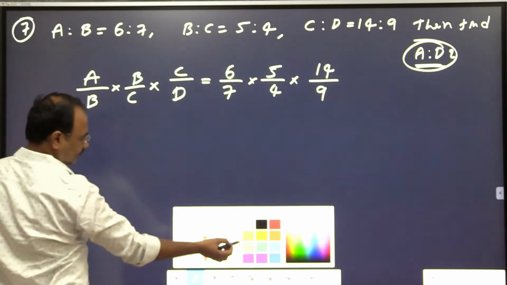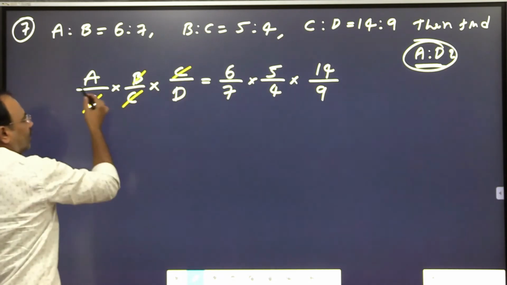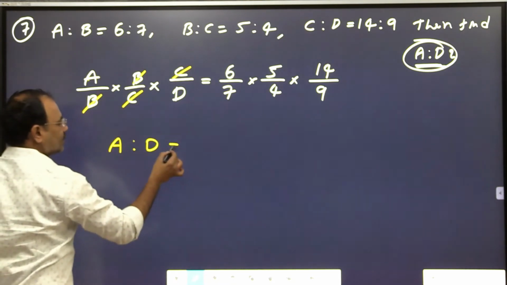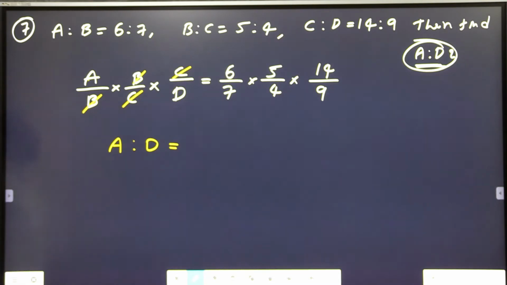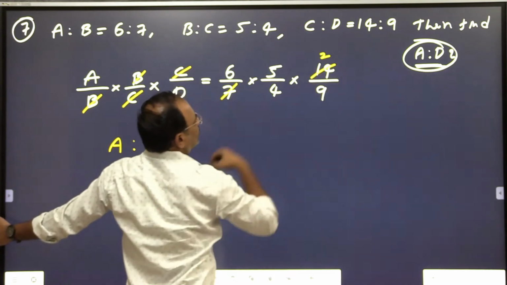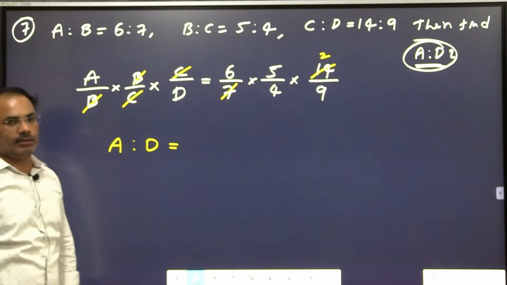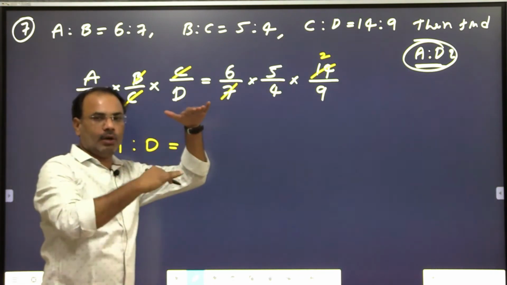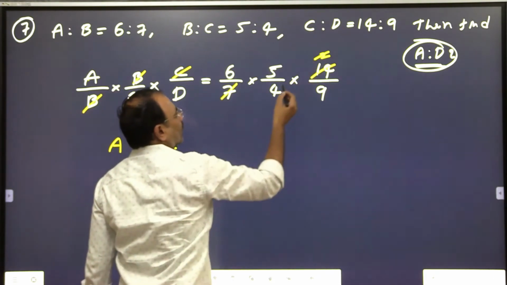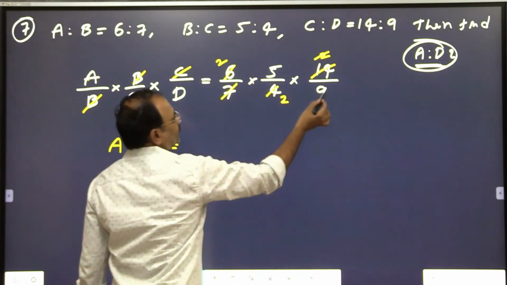On the right side, the Bs can be cancelled and the Cs can be cancelled. The remaining is A by D. A by D is nothing but A is to D. And next, 7 and 7 cancel; the 2s in the numerator and denominator can be cancelled. Do not cancel just anything. Only numerator and denominator terms get cancelled. 7 and 7, next 2 and 2's, then 3: 2 3's and 3 3's.